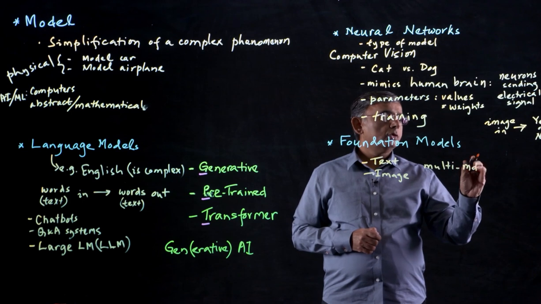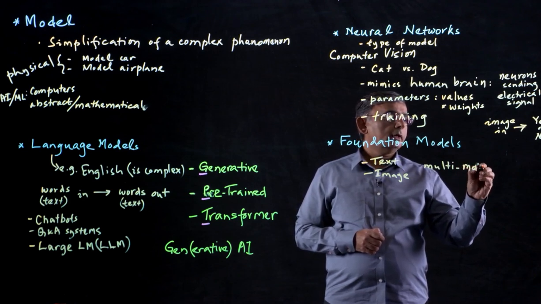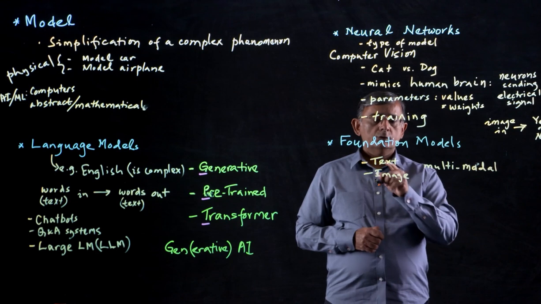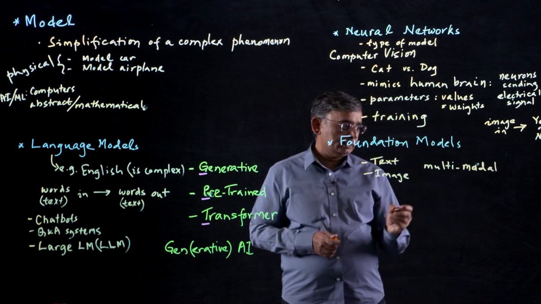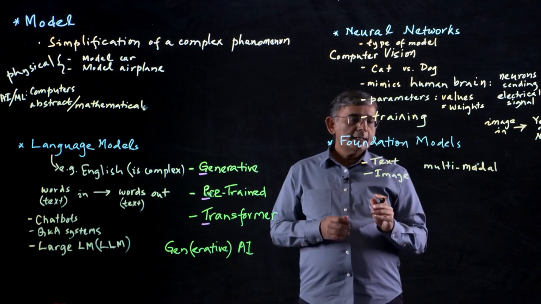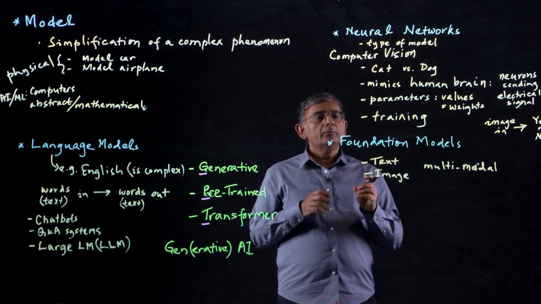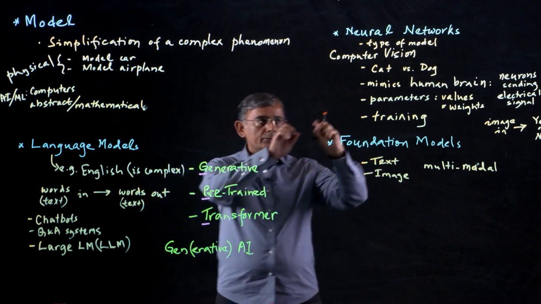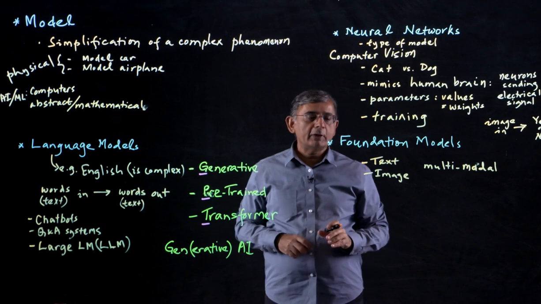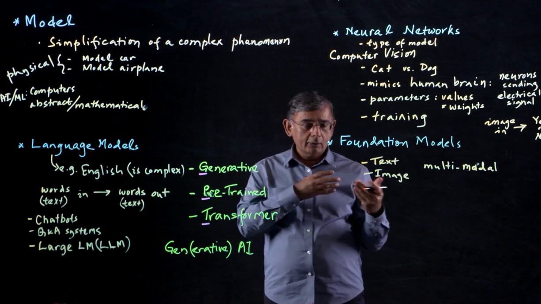These are modes. One mode is text, another mode is image, and there could be audio and other things. And what's happening is that when you are able to work with data of more than one type, here it was just text, here it was images, now we are talking about in foundation models either or.